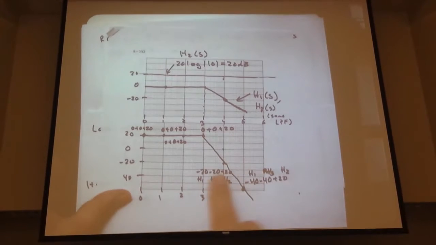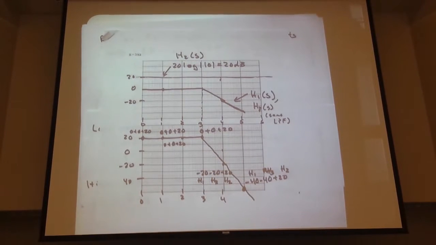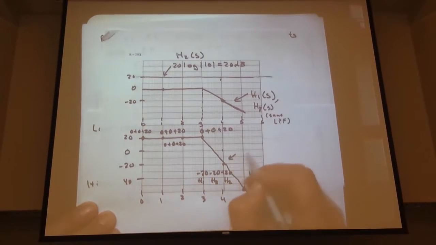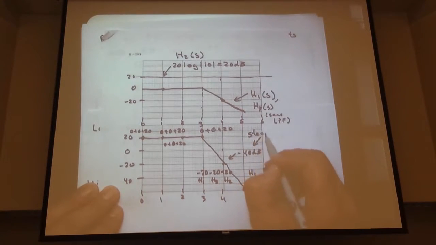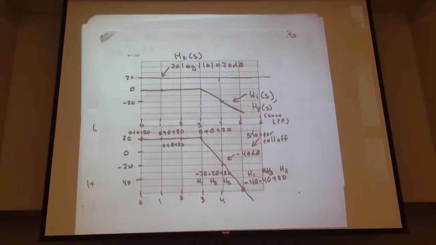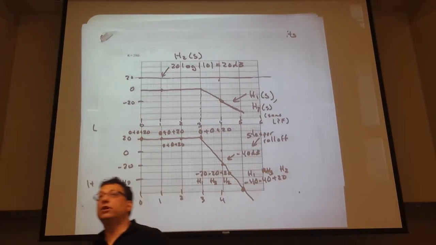More poles. And we just saw that in this circuit. So this has a slope of minus 40 dB. It's steeper roll-off. And that's better. It's stopping the high frequencies more completely. There was a price.